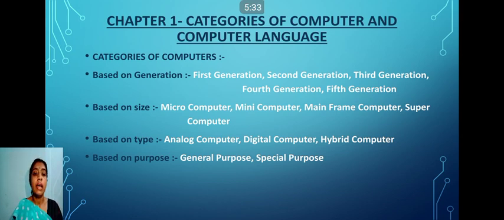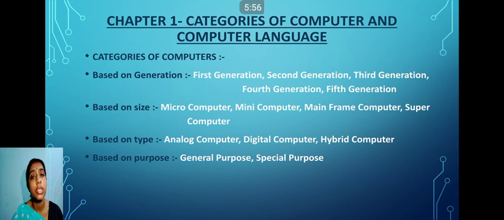The very first topic is categories of computer. We have seen the computer was categorized on the basis of 4 different types. The first one was based on generation. We have studied 5 different generations on which the computers were categorized.